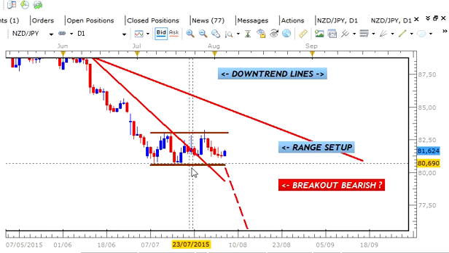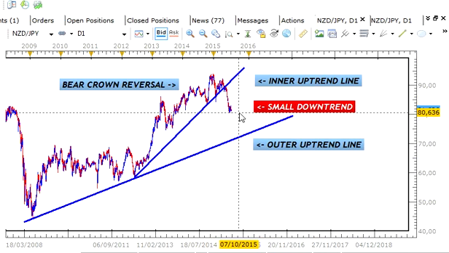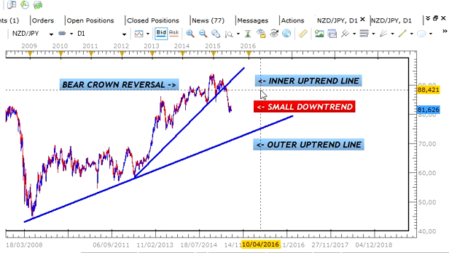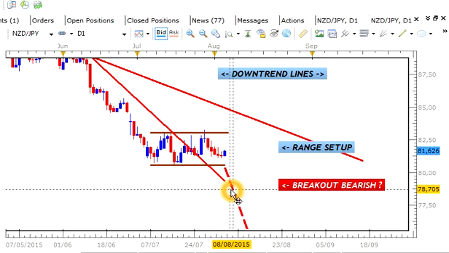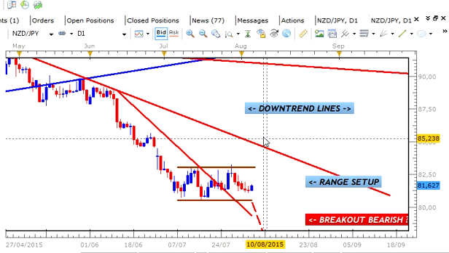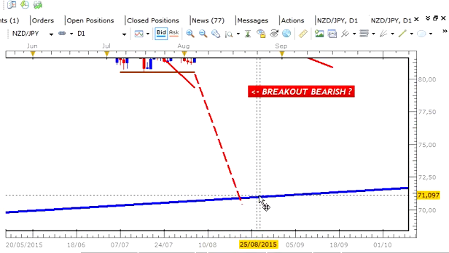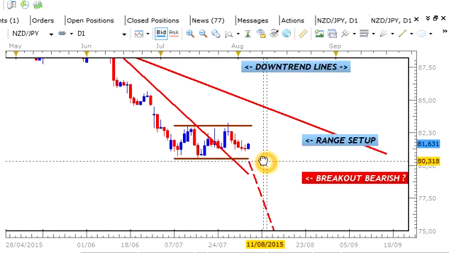Nevertheless, considering the bullish scenario as well, if we are to see a reversal that takes us higher, to continue the movement in favor of the Kiwi dollar, then instead of a bearish breakout, we would see a gradual break above this area here. That is going to be the first indication that we would not be completing the movement towards this outer uptrend line. So that is the scenario right now.